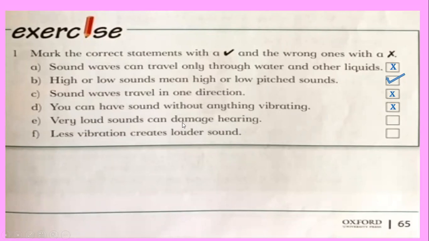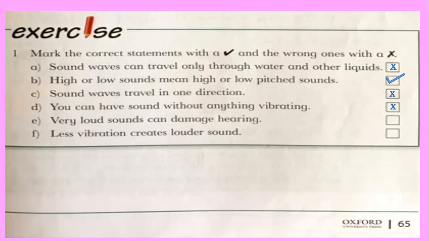Very loud sounds can damage hearing. Just think, if you are standing with a boy or a girl and he or she starts shouting, what do you do? You put your hands on your ears because you do not like these sounds.